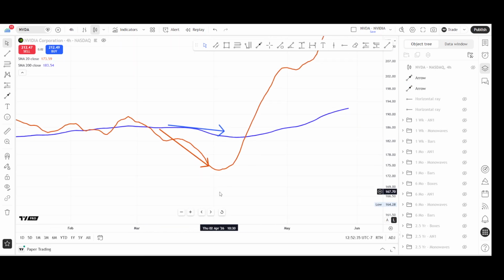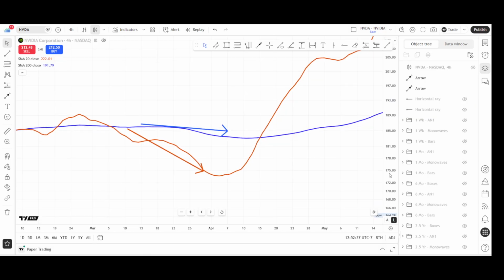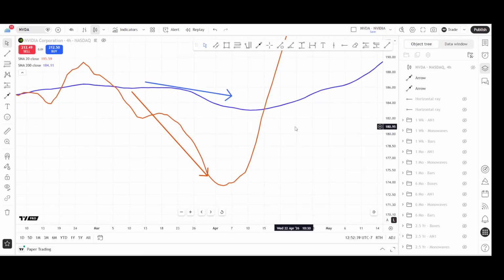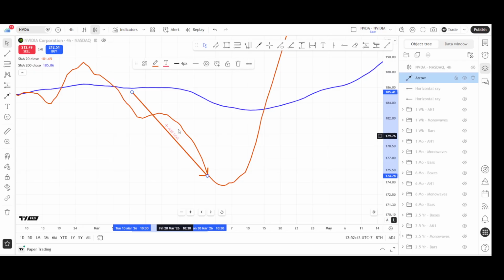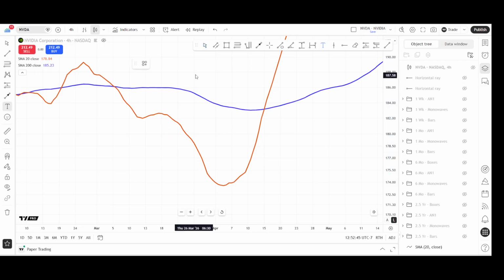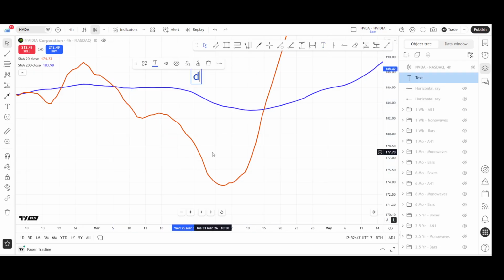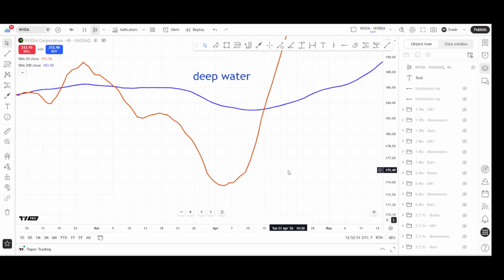So in this case, let's just look at this in a coastline analogy. This is your deep water. I just want to get your mind thinking the way I'm thinking. This is your deep water. Now this is a small degree, because if I zoomed out, you're going to see this is a tiny little move. But this is your deep water.